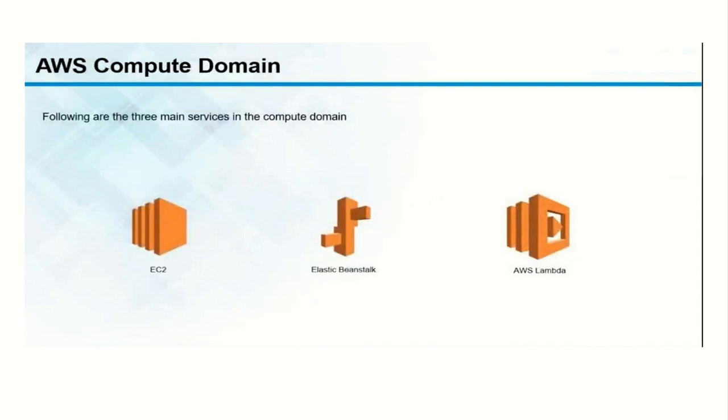Then we have the important one, which we will discuss more in this lecture, that is the AWS Lambda service. The Lambda service is again an automated version of EC2 where we don't get access to the operating system.